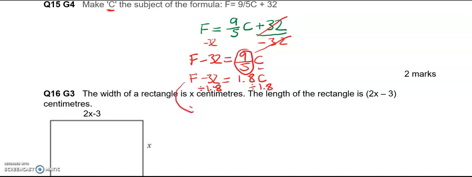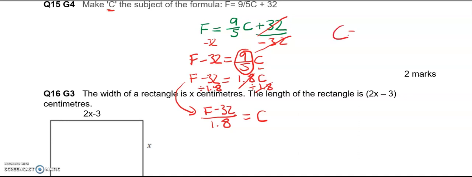I'm going to have, on this side, F minus 32 all divided by 1.8, and on this side 1.8 divided by 1.8 is going to cancel each other out. So we'd have just C on its own, and this is what we need.